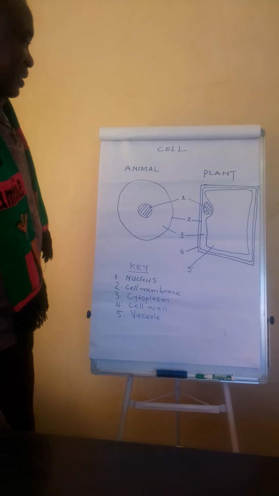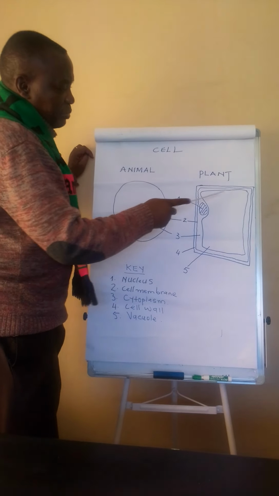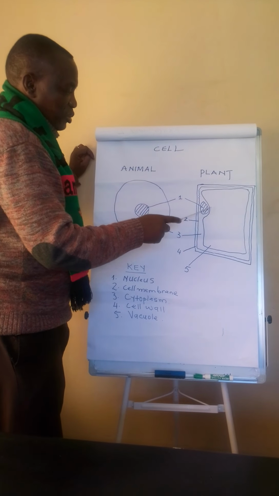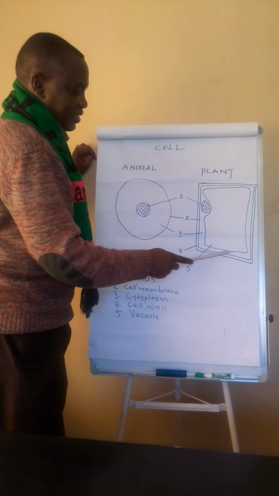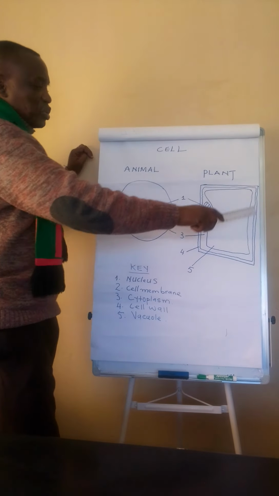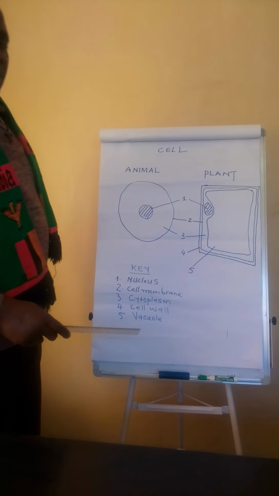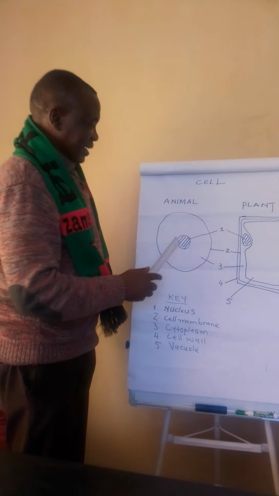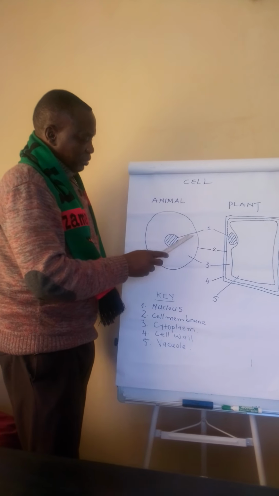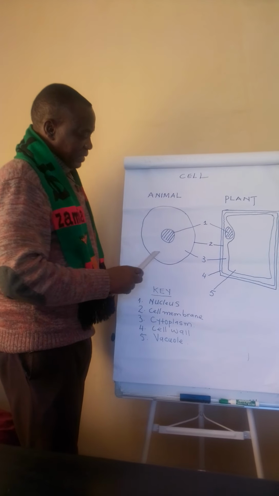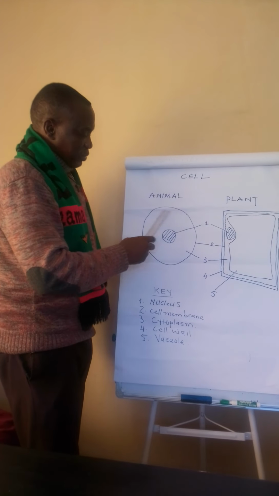And then the other one you look at is in terms of the distribution of the cytoplasm. In the plant cell, you will find that the cytoplasm is just a thin layer, because most of the bulk of the cell is occupied by the vacuole. Whereas here in the animal cell, the cytoplasm has a large distribution.